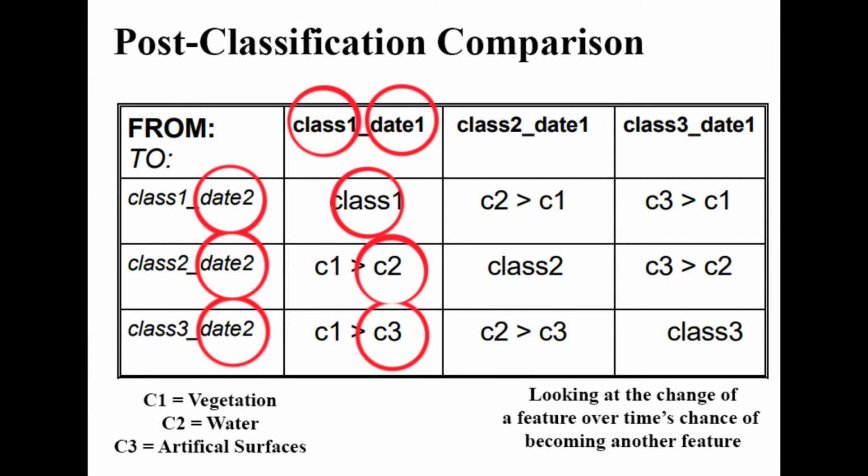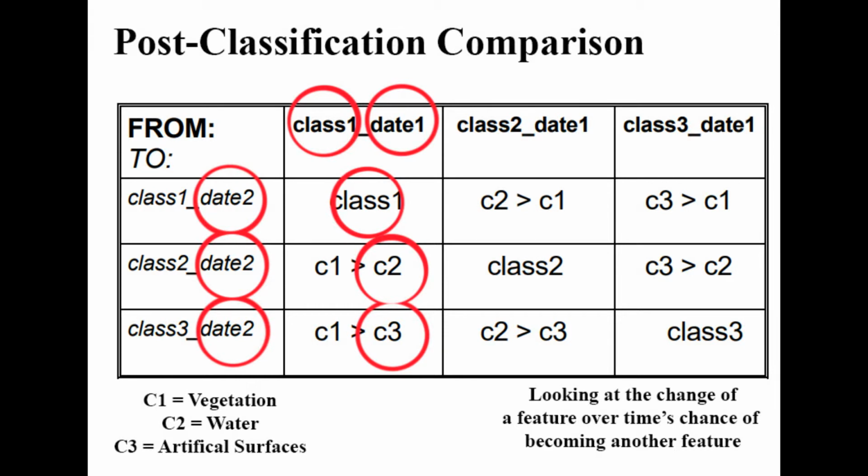So in 10 years from now in 2020, that vegetation could still be vegetation. Or it could be class 2, which would be water, or it could become class 3, artificial surfaces. That's what that's saying. So it's looking at the change of a feature over time, its chance of becoming a new feature.